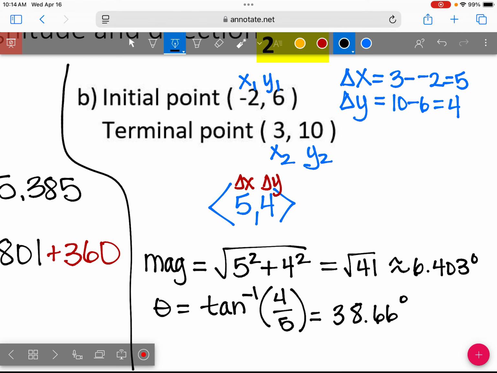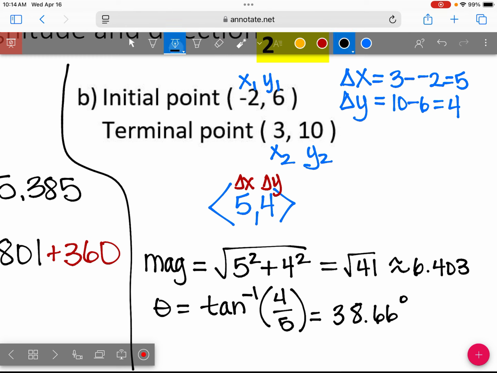All right, if you agree with what I got, I have a magnitude of 6.403. I did not mean to put the degree symbol there. Let me take that off. So we have a magnitude of 6.403, or you can leave it as root 41, and our direction is 38.66.